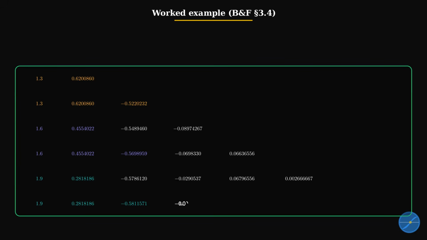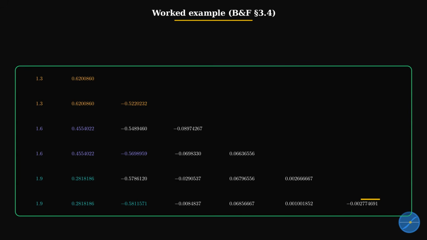Write the row out: minus 0.0084837, 0.06856667, 0.001001852, and the last one, minus 0.002774691.